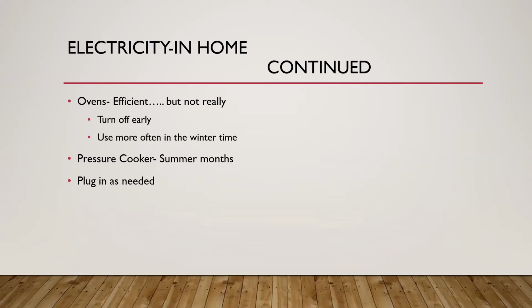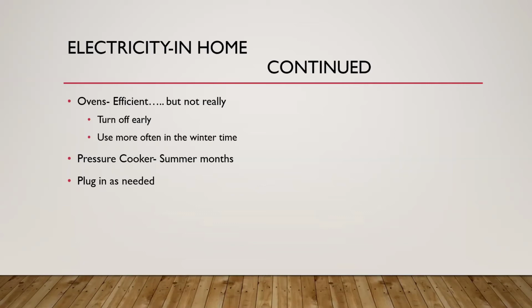A couple of different ways to use your oven more efficiently is, if you got an Energy Star one, then great. If you don't, then maybe save up for that Energy Star one when your current oven does break. And if you're cooking something and the item in there is fully cooked, like it's healthy to eat, and it's got a few minutes left on the timer, that oven does hold heat fairly well.